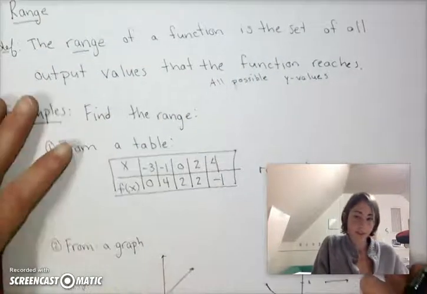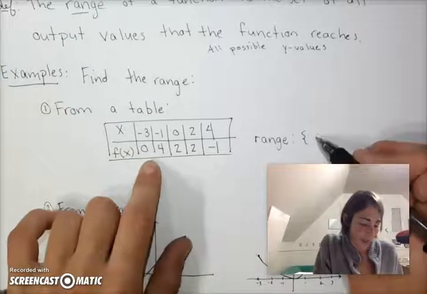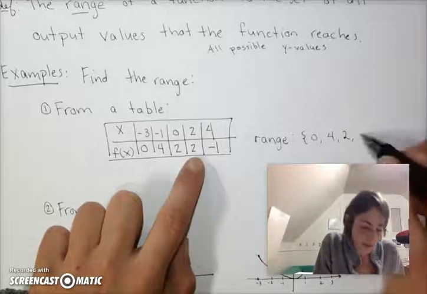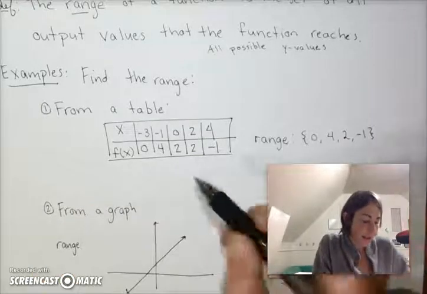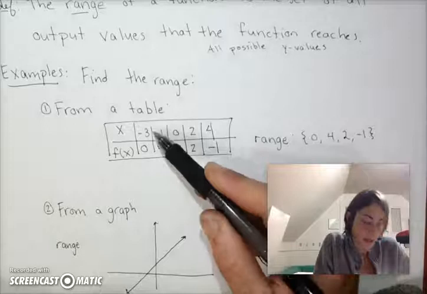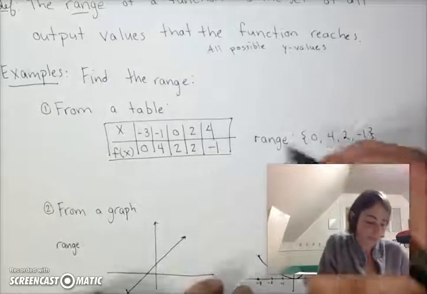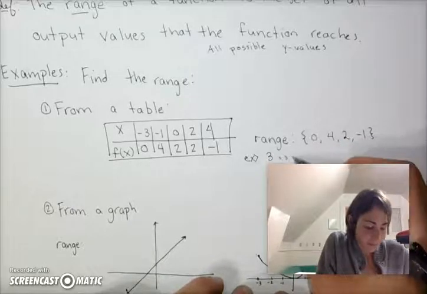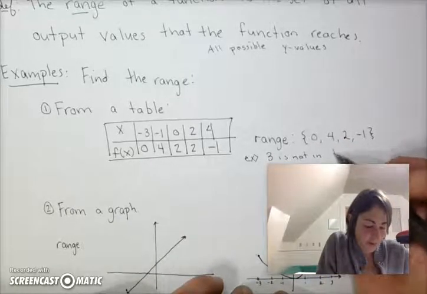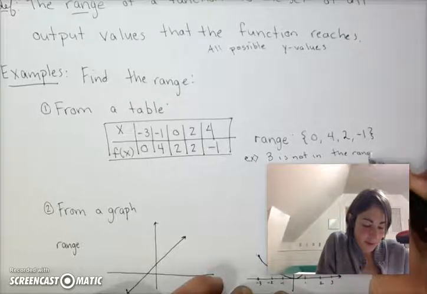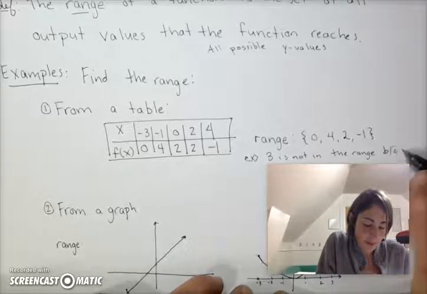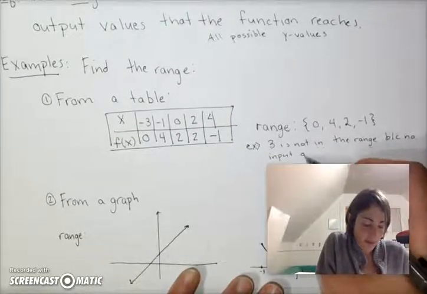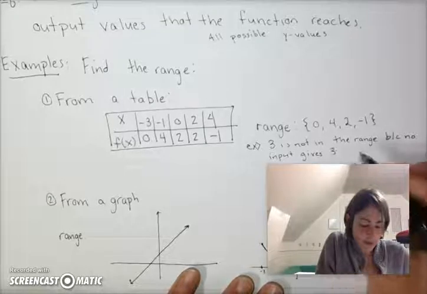So for this example, we get 0, 4, 2, I only have to write 2 once, and -1. 3 is not in my range because there's no input that gives me an output of 3.